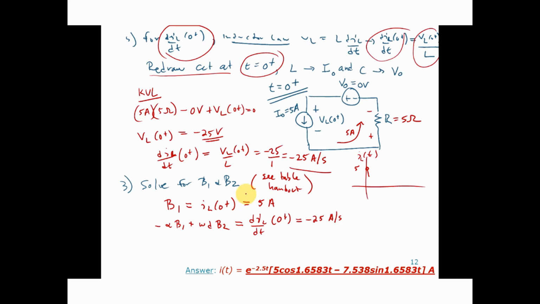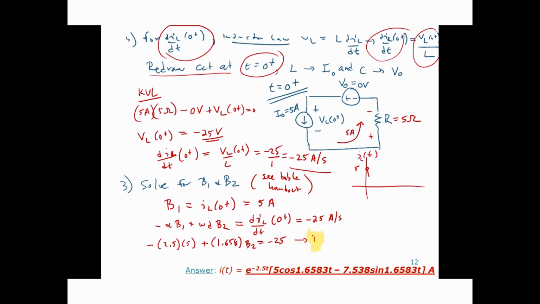That's what b1 is. And now we're just going to find minus alpha b1 plus wd b2 and set that equal to minus 25. Since we already know that b1 is 5 and alpha is 2.5, we write minus 2.5 times b1, which is 5, plus wd, which we found on the last slide was 1.658, times b2 equals minus 25.